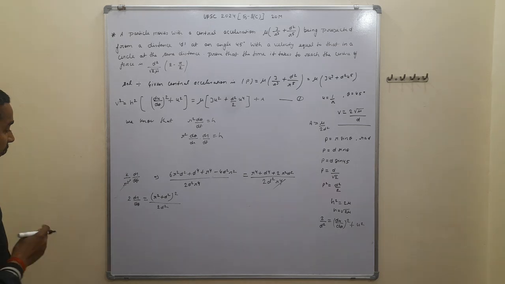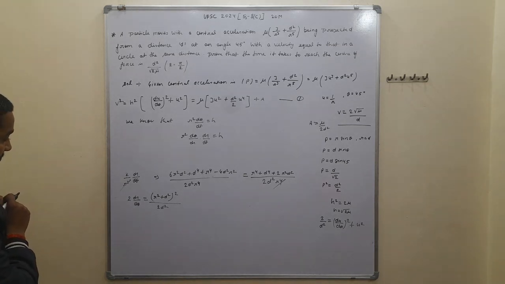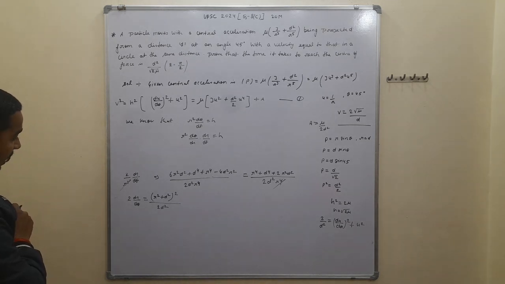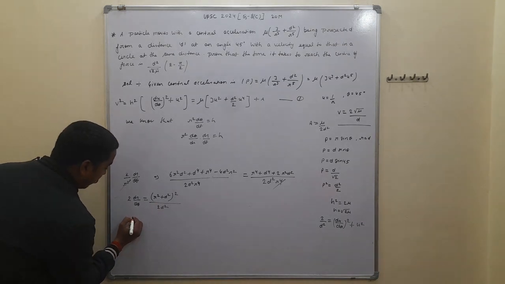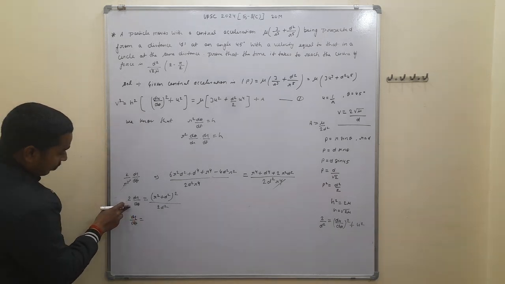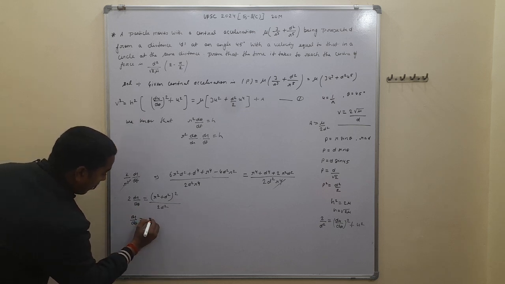Further we have to put the value of dr upon d theta, so we have to write here once again 2 upon dr upon d theta, and we have to find 2 upon d square. Once again, we have to find from here dr upon d theta is, 2 is taken into denominator, that is r square plus of d square whole square upon 4d square.